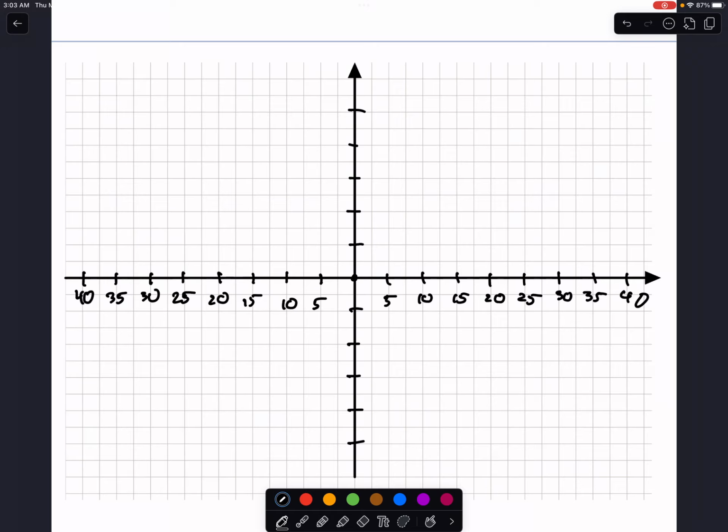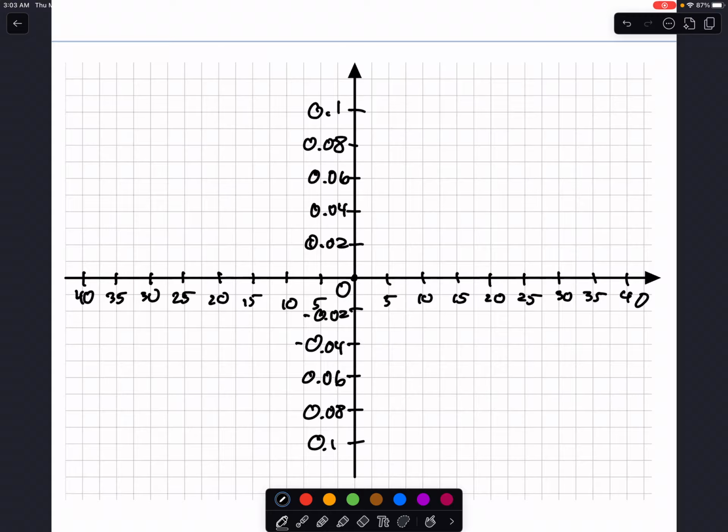Again, I'm just changing the window to get a better window. I wanted this guy to be my 0.1. So this was 0.02, 0.04, 0.06, 0.08. 0.02, this is the origin. 0.04, 6, 8, 10.